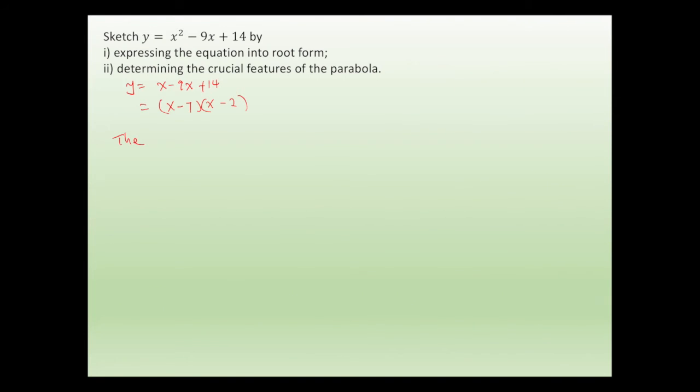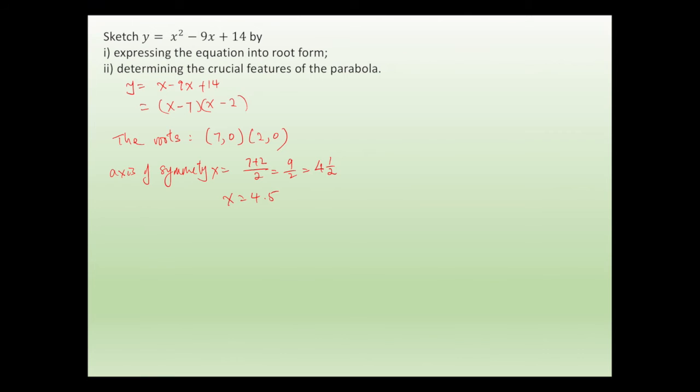So the roots, or x-intercepts, are 7, 0, and 2, 0. Alright, the axis of symmetry is 7 plus 2 over 2, which is 9 over 2, which is 4.5. Alright, so x equals 4.5.